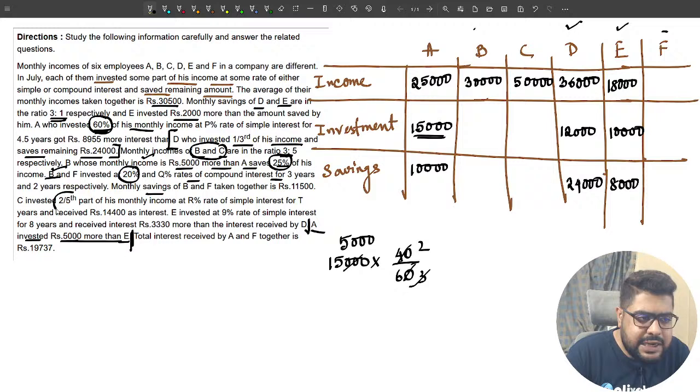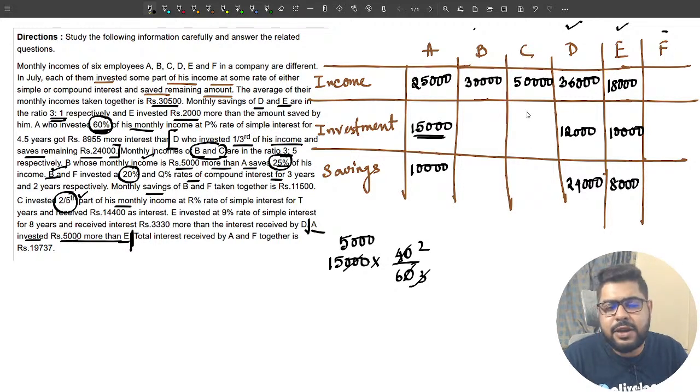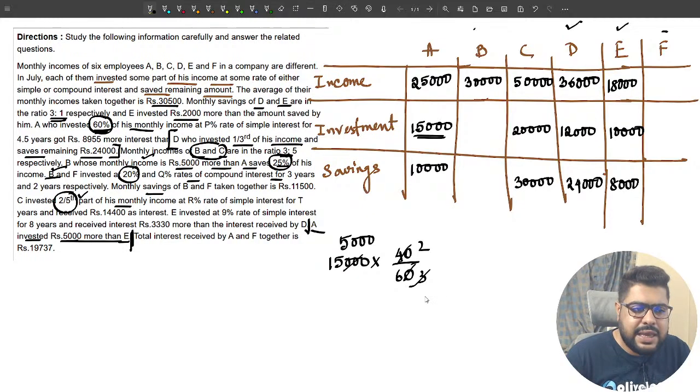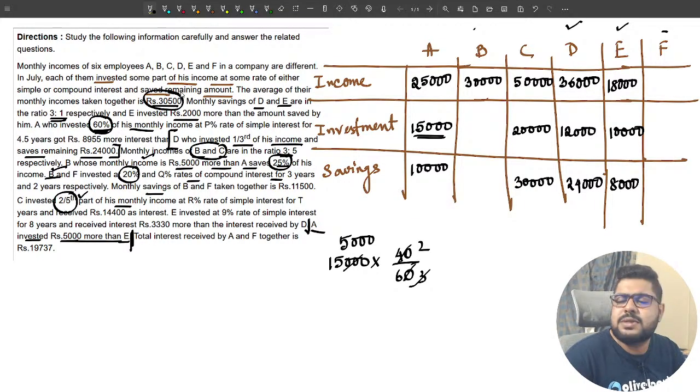C invested 2/5 part of his monthly income. So income I know, 2/5 he has invested. 2/5 means 20,000 rupees. So this is going to be 30,000 rupees. Okay, we cannot break F yet because I don't know B as well. I do know. Okay, F I can break using this, take this, sir.